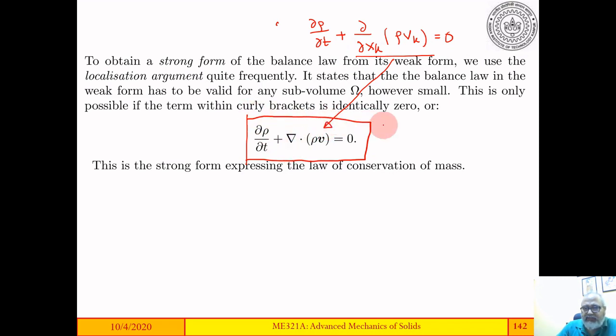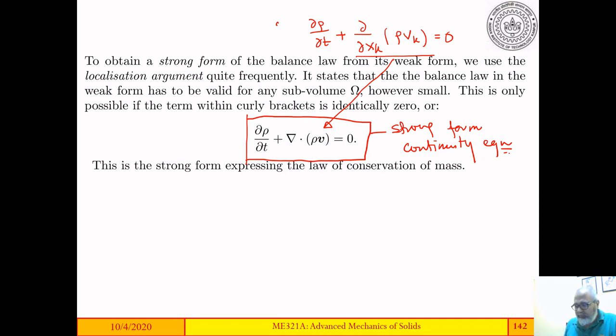So this is your strong form of the continuity equation.